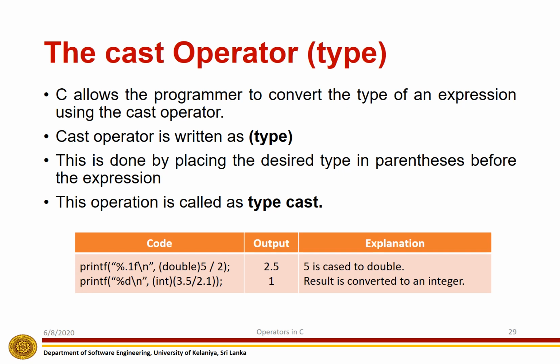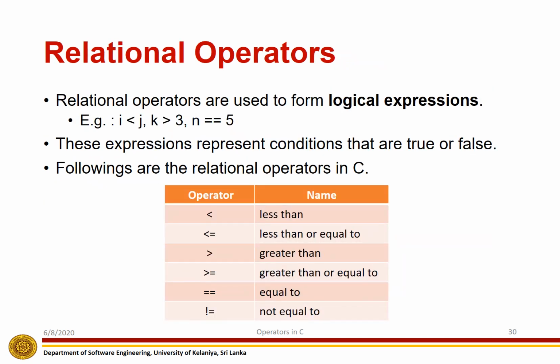After that it will be cast into int. That happens because I bracketed the expression. Earlier in the above example, double is only valid for the 5. 5 is only cast into double. After that the expression is evaluated. Those two are different.